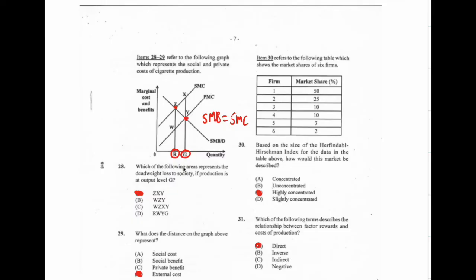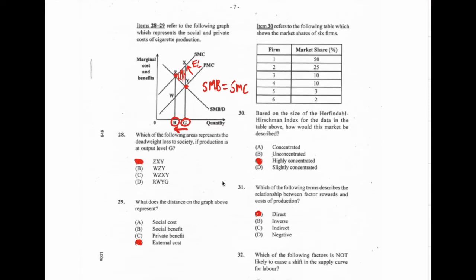So what we need to do is actually go to R, output level R, and this would generate what we call an external cost, right? And this overall external cost shows that it gives a deadweight loss right here, ZXY, due to overproduction. So the answer right here would be A for 28.